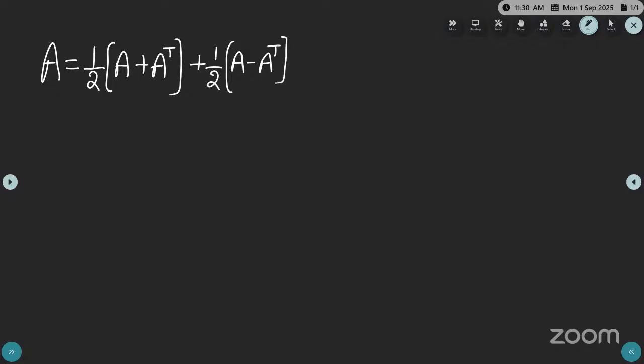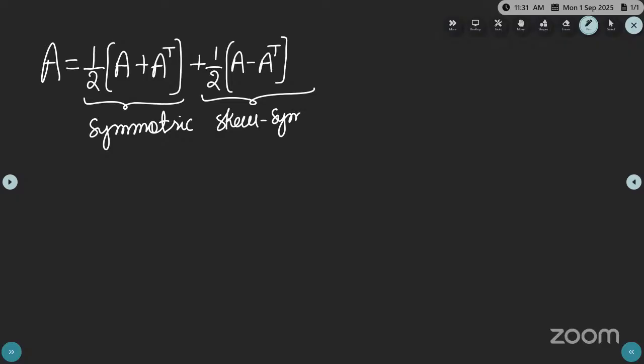What is this? The first will be a symmetric matrix, and the second will be a skew symmetric matrix. Write down.